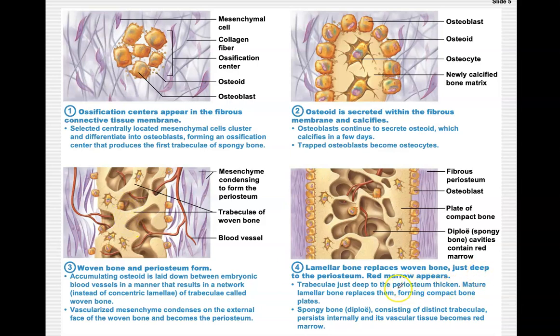And so that's your last step here. Again, the red marrow appears. And then you'll see that some of that woven spongy bone on the outside of the periphery near the periosteum will actually end up being replaced by compact bone, just on the outsides there.